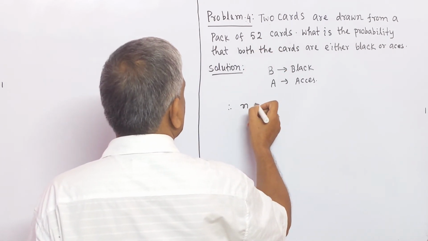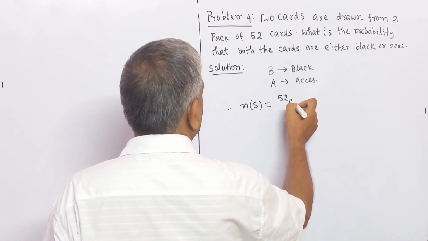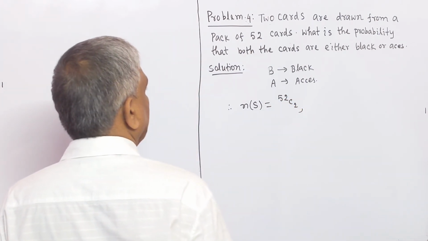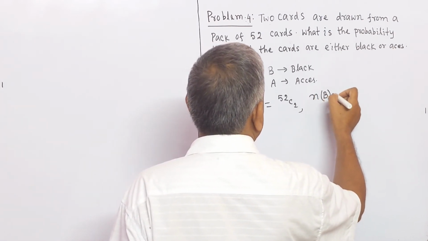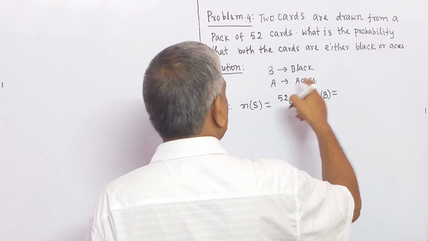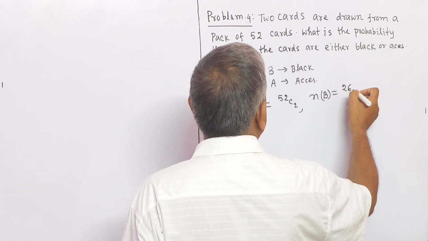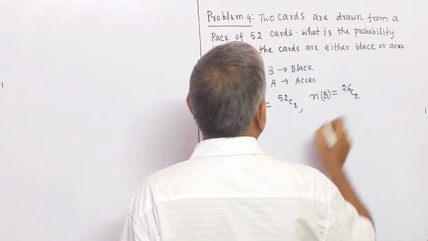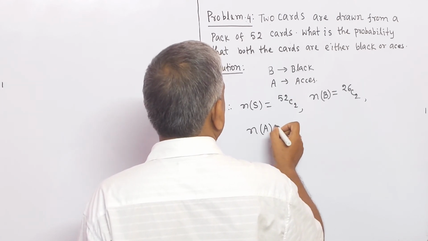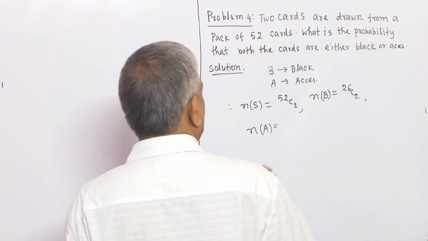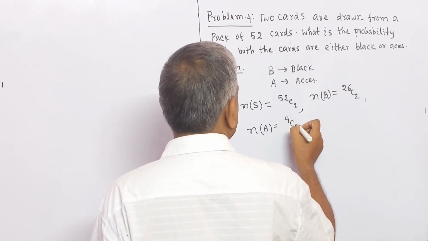Therefore NS, sample space, is 52C2. NB, black cards: number of black cards is 26, so 26C2, two black cards. Number of aces is 4, so to draw two cards out of 4 cards means 4C2.